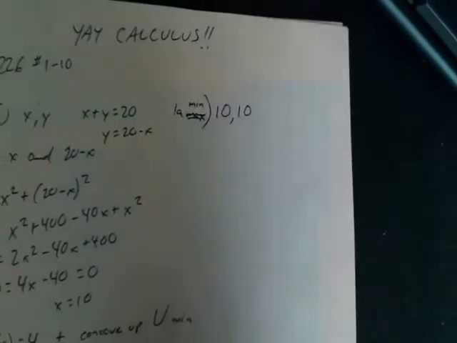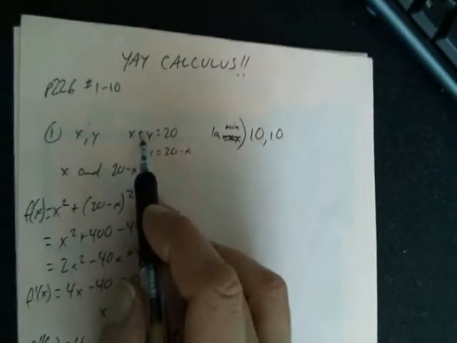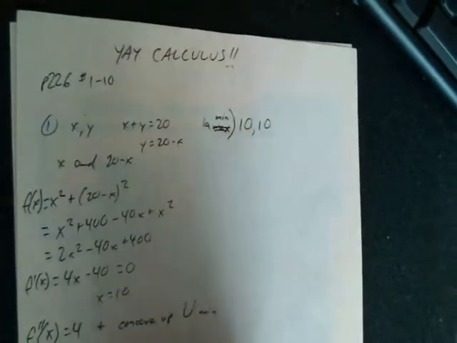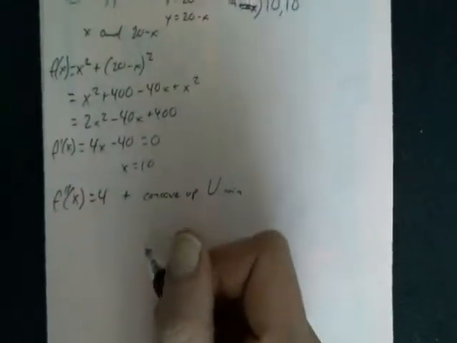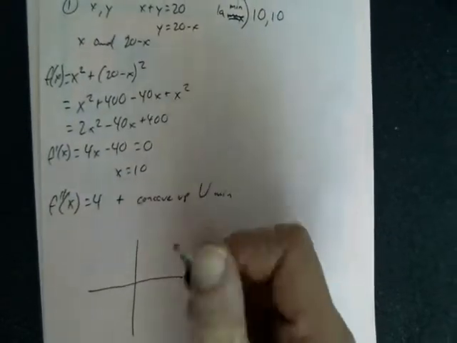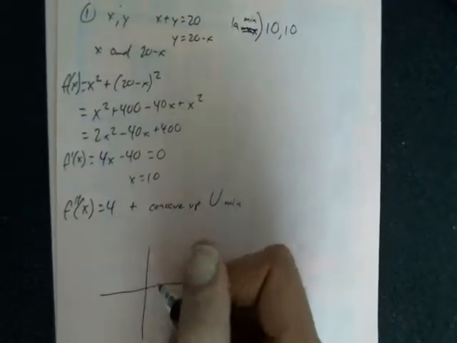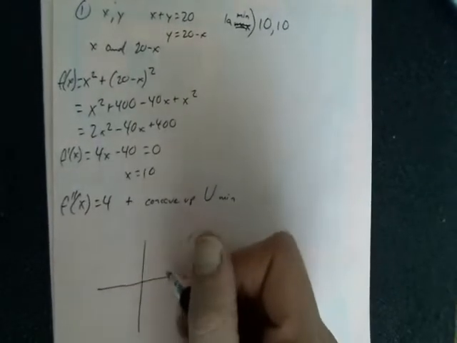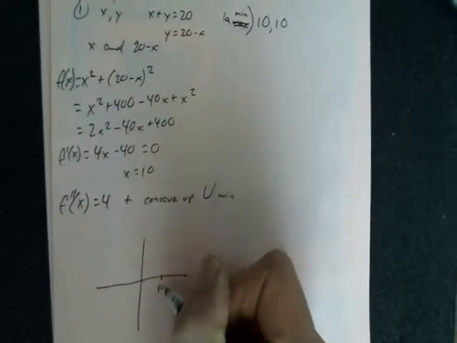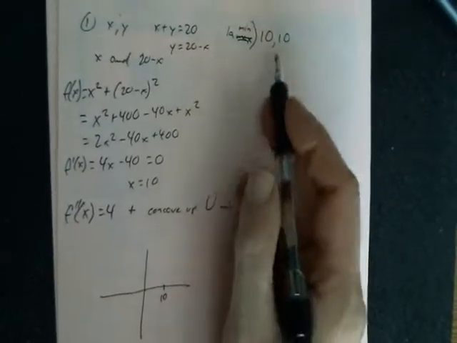The maximum value, if we're doing non-negative numbers, is not going to occur in a spot that's cup up or cup down. So we're going from 0 to 20. So that's going to be a minimum at 10, and the minimum at 10 is going to be 200.